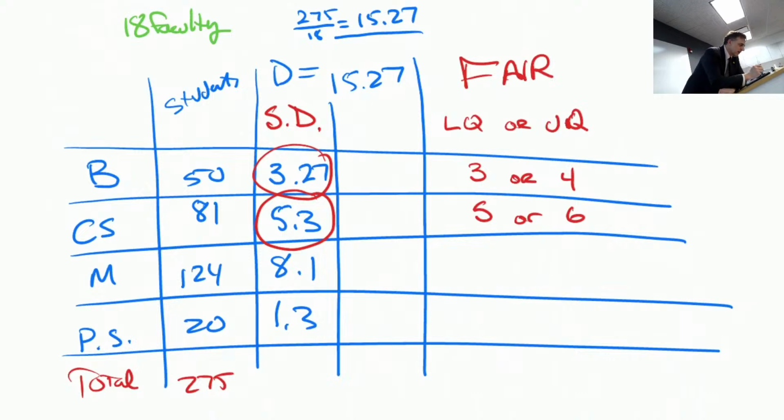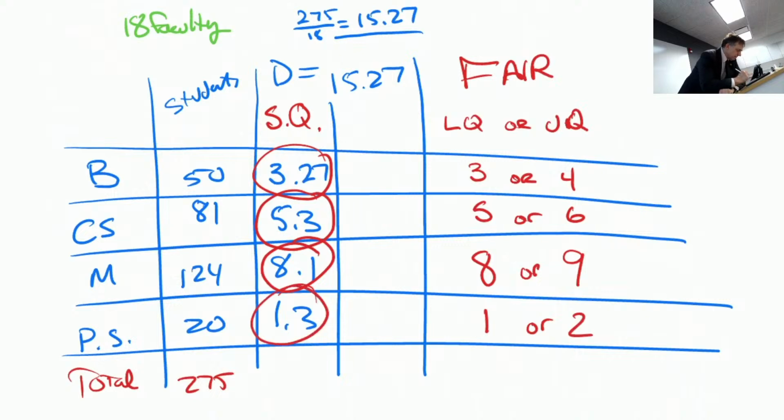The standard quota comes from the standard divisor. For this one, either round down or round up. That's what would be fair. So either 8 or 9. And then the last one, either 1 or 2. And that's it. Those are the only ones that would make sense in terms of the math here.